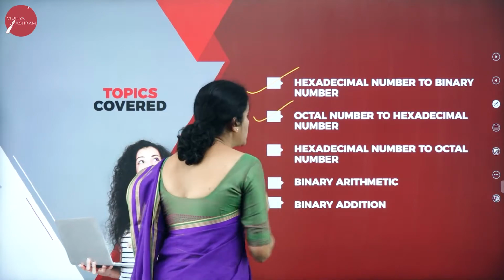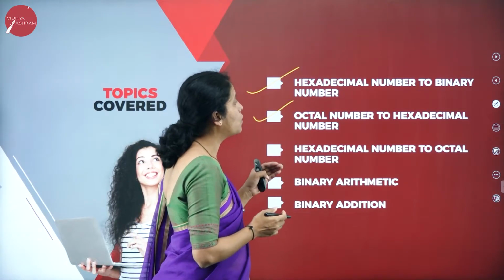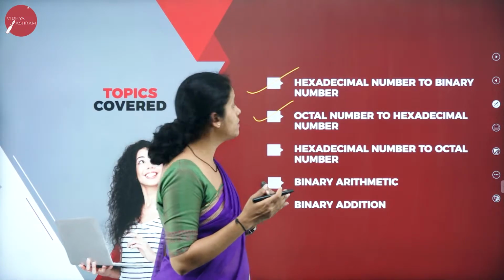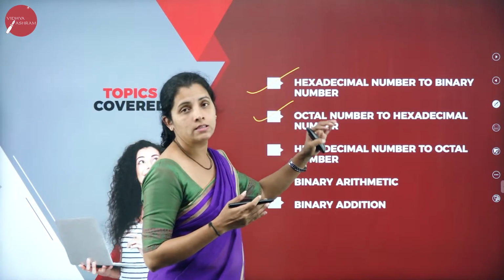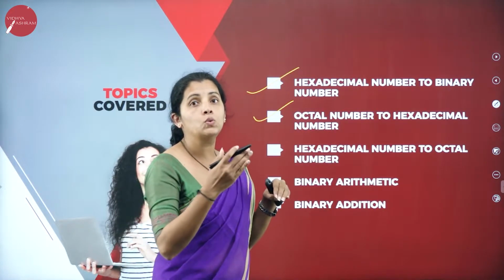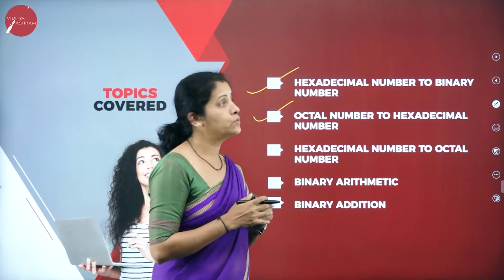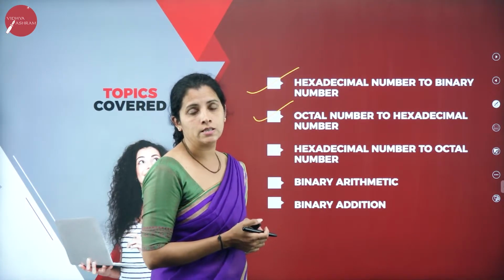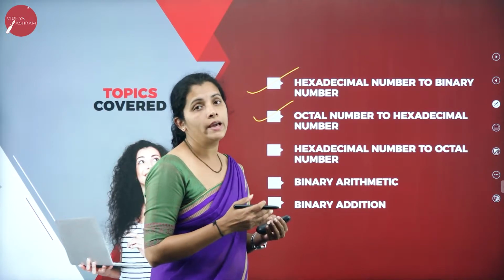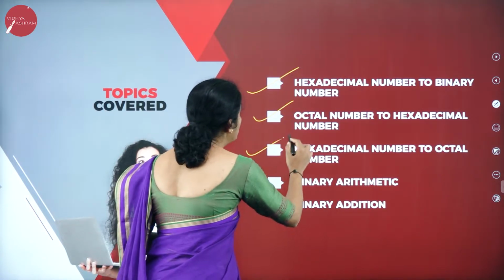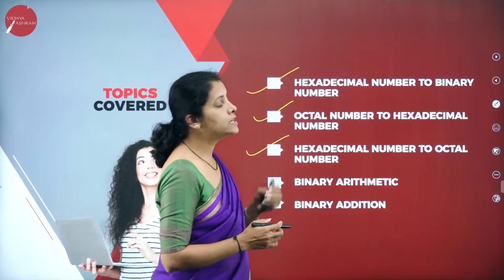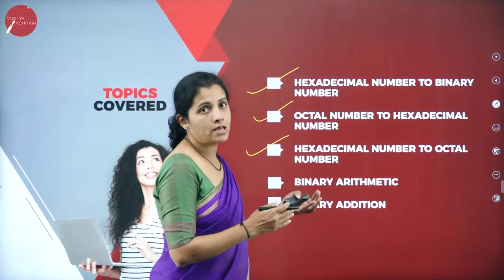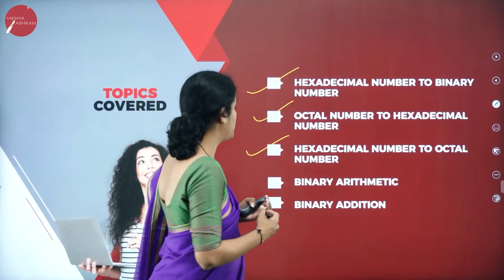Then once again, I am going to discuss octal number to hexadecimal number, the rules and steps I need to follow along with an example. Then we are going to discuss hexadecimal number to octal number along with the steps and an example.